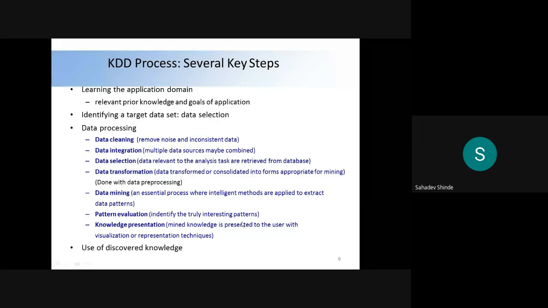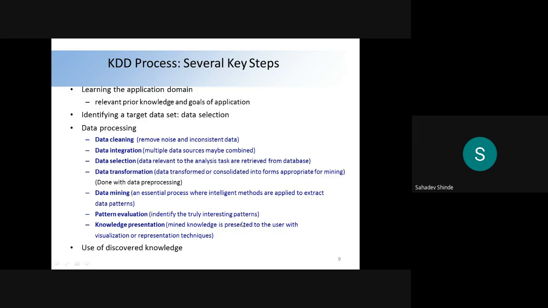Okay. So the KDD process is applied for learning the application domain, that is, relevant prior knowledge and goals of the application, and identifying a target data set, that is about the data selection. And the data processing involves all these following steps here. So how is the data processing going to happen? Data cleaning: remove noise and inconsistent data. Data integration: multiple data sources may be combined. Data selection: the data relevant to the analysis task are retrieved from the database.